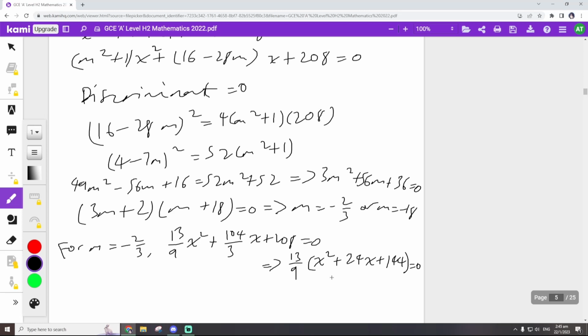And if you complete the square, you'll notice that it's exactly a perfect square. The only solution is x equals negative 12. And y is, well, it's this times negative 2/3, so it's 8.